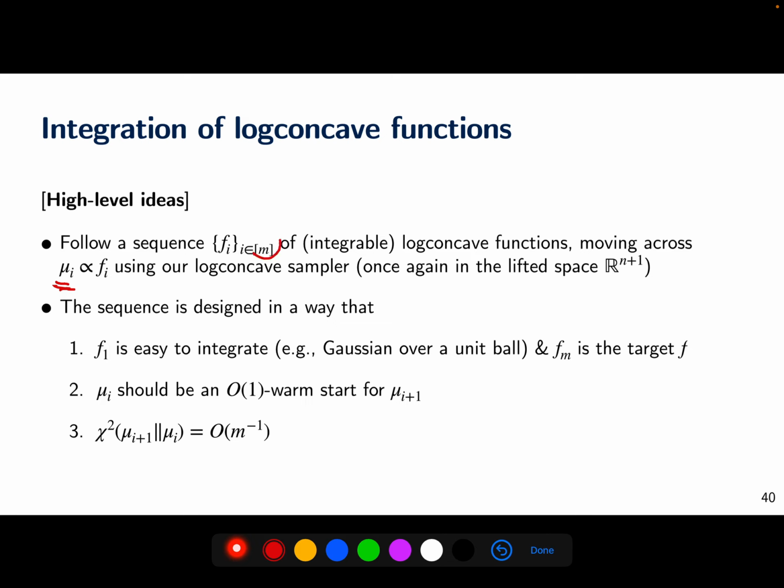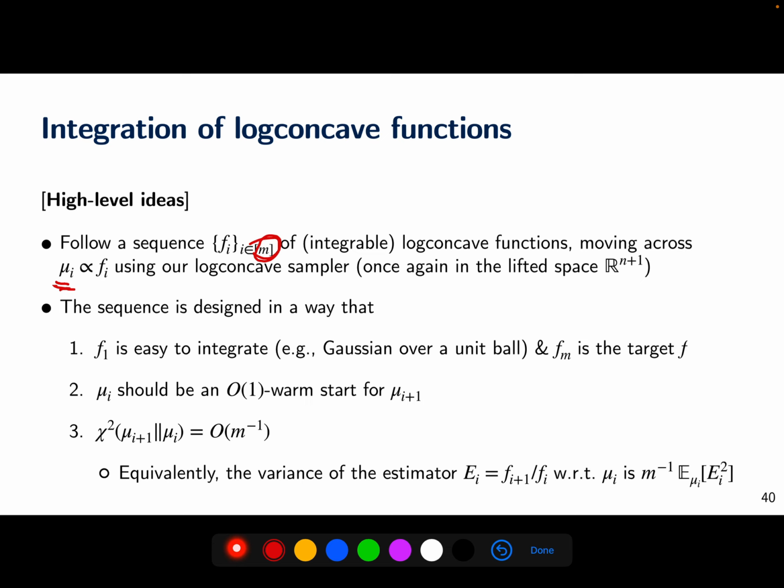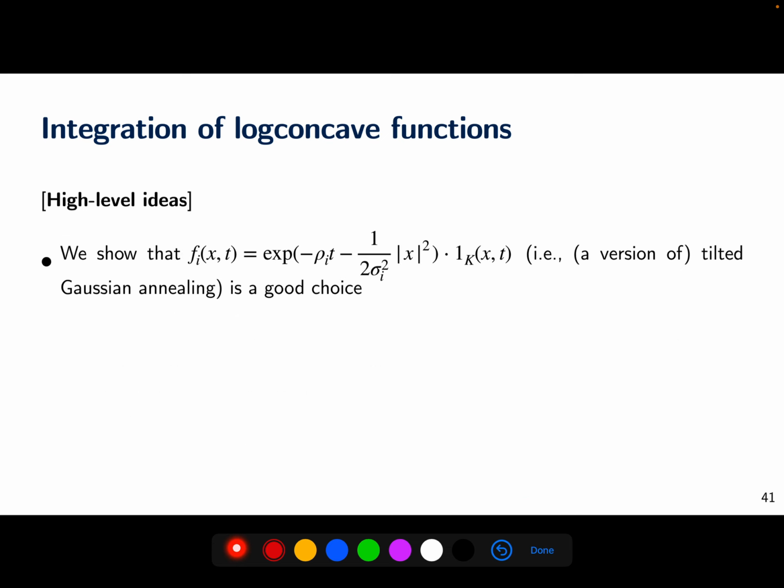Here m is just the number of phases. An equivalent formulation of this condition is simply that the variance of the estimator of this one with respect to mu i is bounded by this one. We will use this condition later on. It turns out the annealing distribution that we used, the tilted Gaussian annealing, still serves as a good choice.